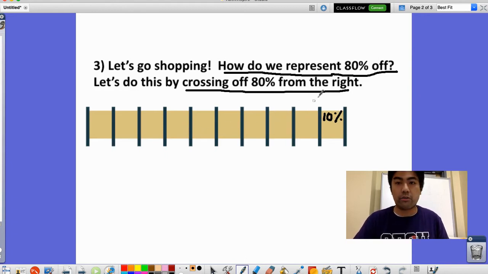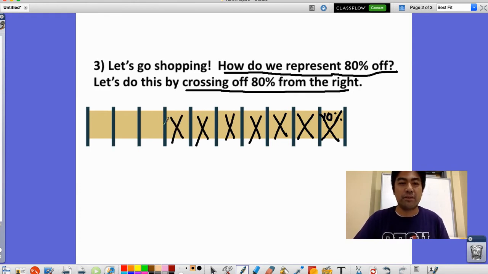So if I want to cross out 80% from the right, I'll cross out this part right here, that's 10%. If I do this, that's 20%, 30%, 40%, 50%, 60%, 70%, 80%. So this is how we represent 80% off.